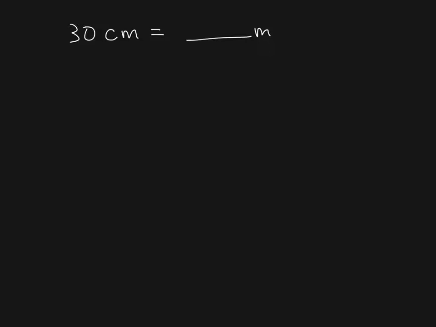We're going to start out by figuring out 30 centimeters equals how many meters. And in order to do that, we have to know how many centimeters are in a meter. And of course, the prefix centa means 100, so there are 100 centimeters in a meter.